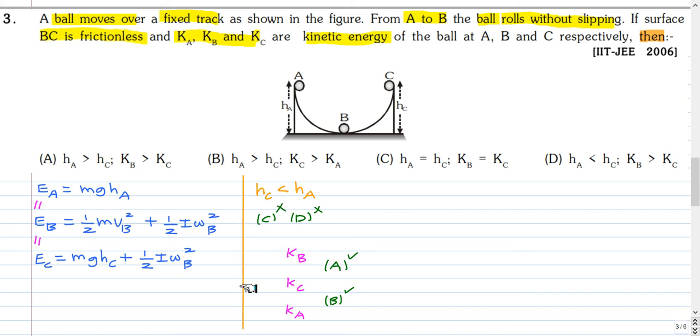So the maximum kinetic energy is at point B. Option A says kinetic energy at point B is greater than kinetic energy at point C, and HA is greater than HC, so option A is true. Option B says HA is greater than HC and kinetic energy C is greater than A, so option B is also true. So the correct options are option A and B.